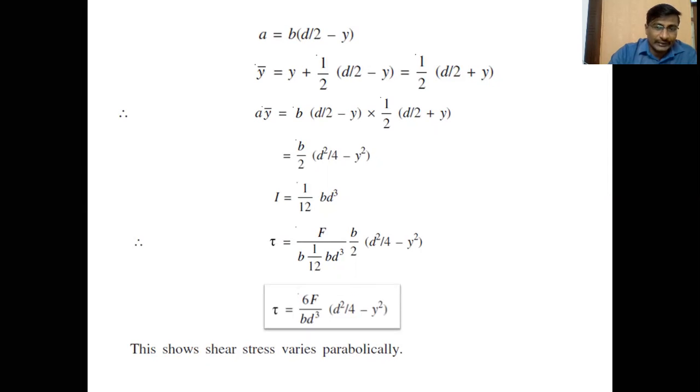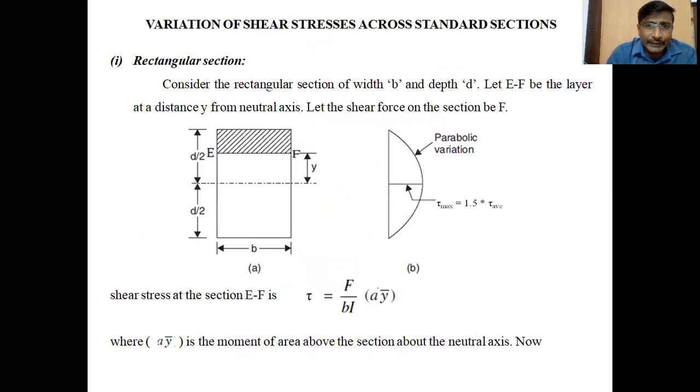And let us look at how to calculate the shear stress at different levels of y, at different distances of y. If y becomes d by 2, that is whenever the level EF layer is considered as the extreme top layer or extreme bottom layer.